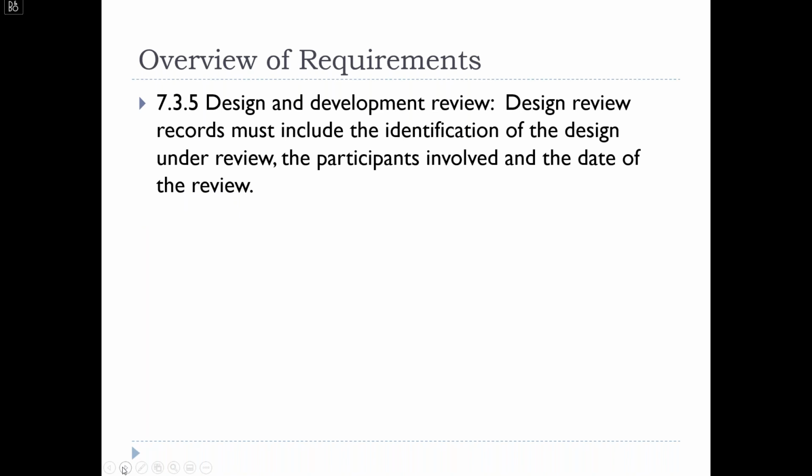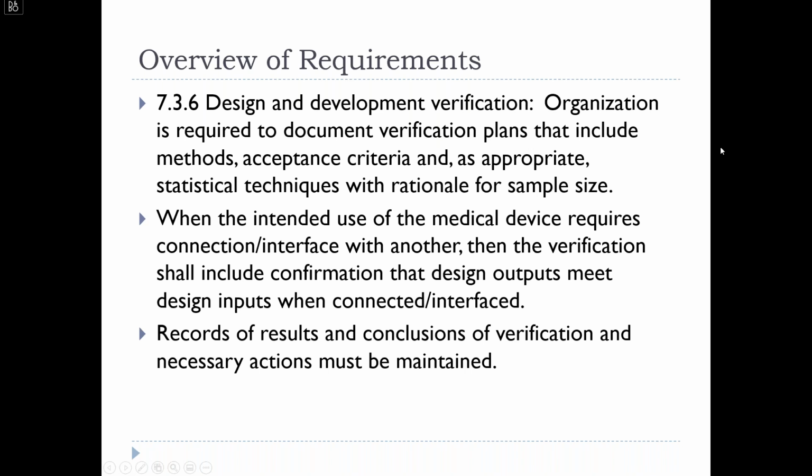So in the input stage, we talked about when design reviews would be required. When you're actually doing those design reviews, the records need to include the identification of the design under review, who was involved, and when that review took place.